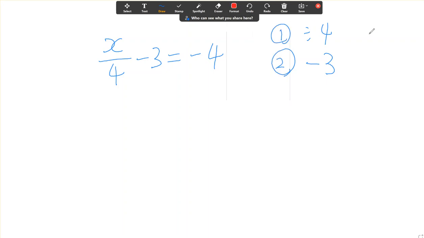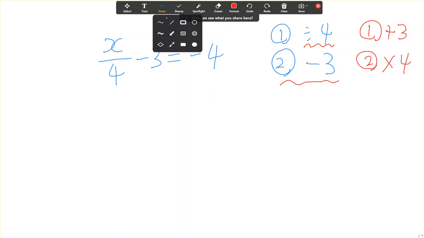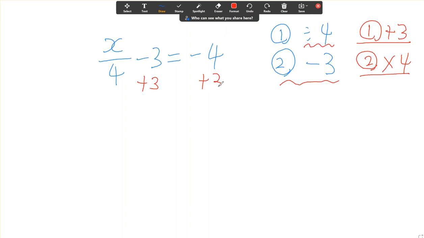So when we go back, we have to first add 3 because the minus 3 was the last thing that we did. And then the next thing we have to do is the opposite of divide by 4, which is times 4. Let's do this to both of the sides. I have x over 4 minus 3, and we just have to do plus 3 on both sides.